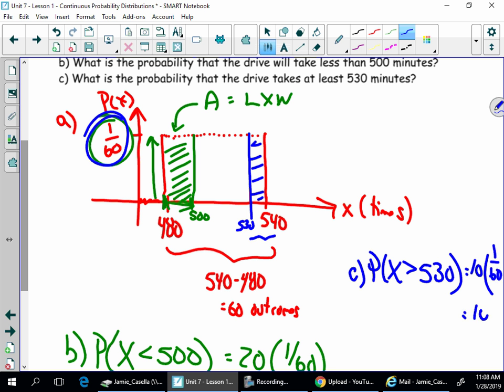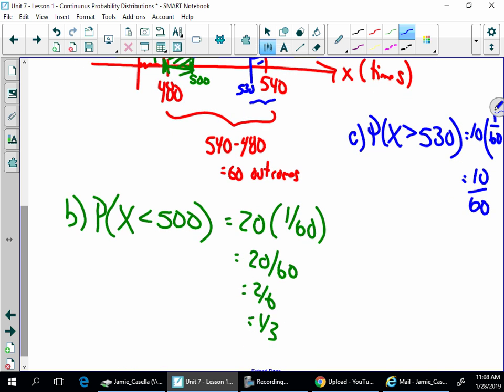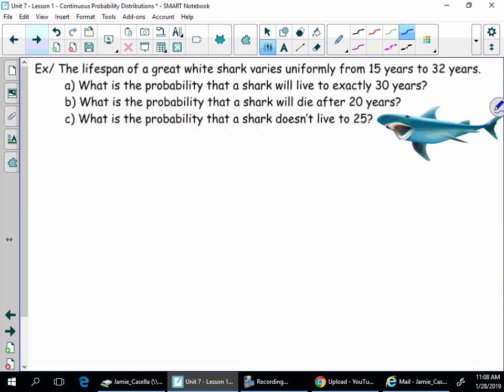So I get 10 out of 60, or if you will, 1/6, or 0.16666. That's a uniform distribution. Everything's equally likely. I just have to figure out what the different possibilities are and how many of them I included.